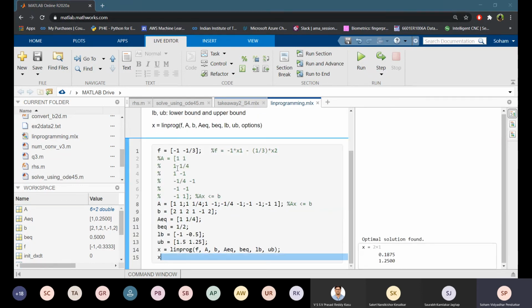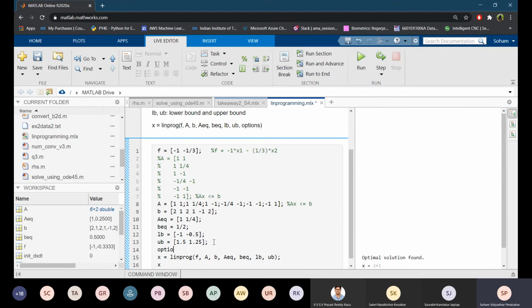Options is where you can specify which algorithm you want to work with. There are a lot of algorithms available, out of which I'll specify one, and that is the interior point algorithm. So I'll create an options variable.